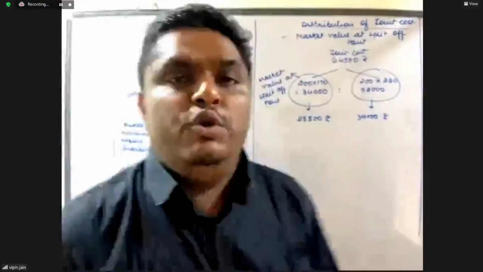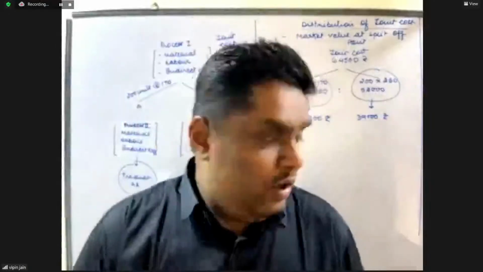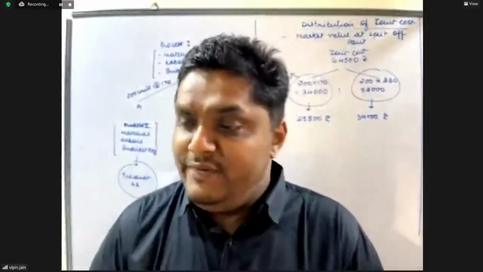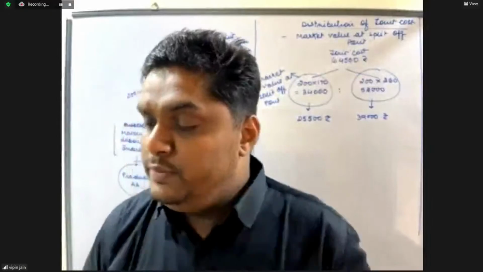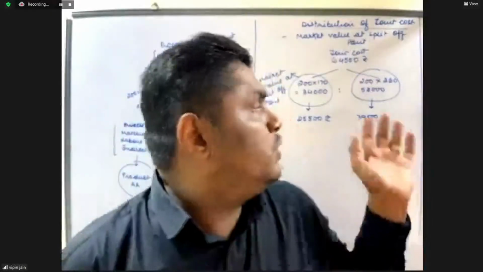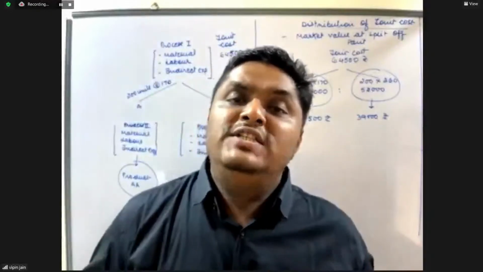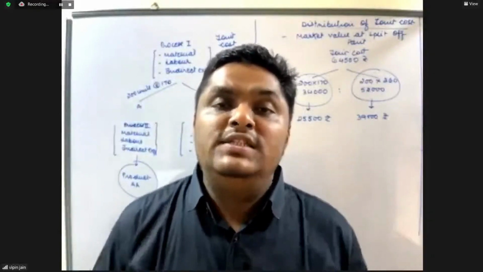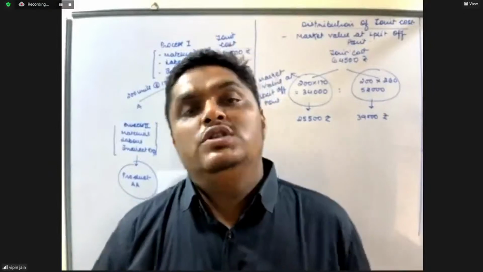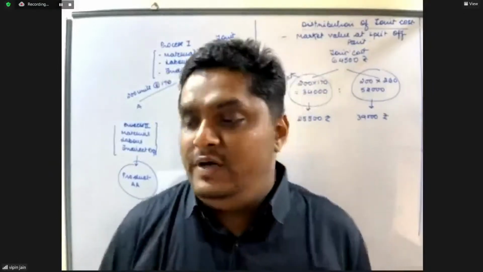So this is how the joint cost is to be distributed to calculate the total cost. If you guys have any doubts, that is how to distribute the joint cost, you guys can please post your query. I repeat again, guys, if the market value at split-off point is available, then the best approach is to distribute the joint cost in the ratio of market value at split-off point.